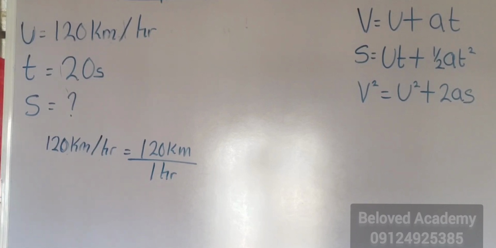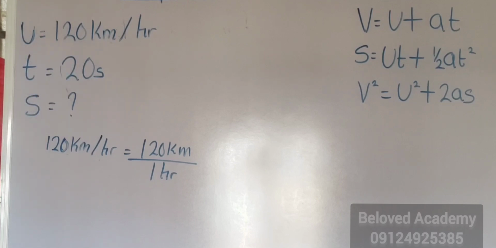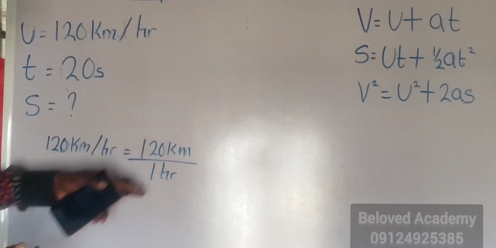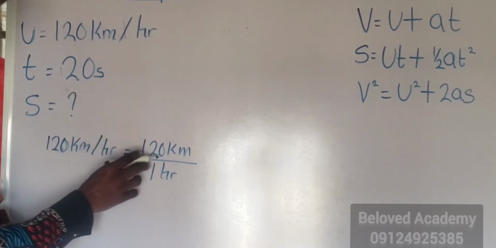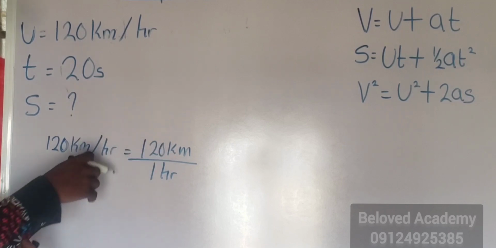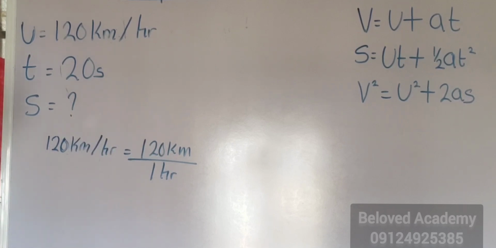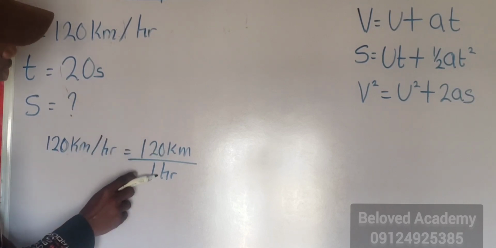That is the velocity at which the motorist was moving, the initial velocity of 120 km per hour. It covers this distance in an hour. Now, if you want to change 120 km per hour to meter per second, let's start with the distance first. Let's start with the displacement or distance, you can call it. But when direction is added to distance, we call it what? Displacement. Okay, so look, 120 km all over 1 hour.